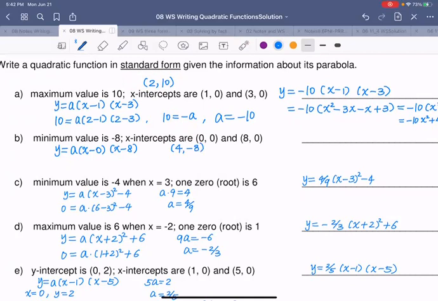One more step. Now we plug that into the equation to find a.